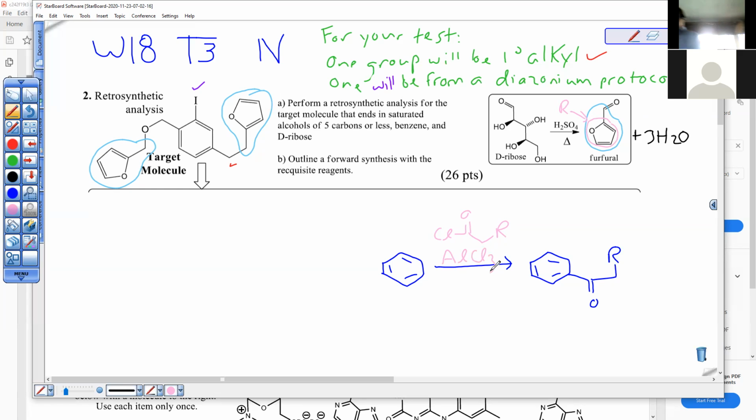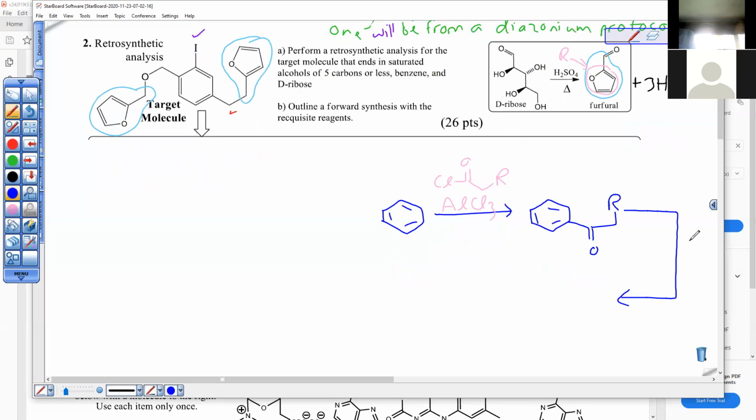So we still have to make the pink thing. Now I have to take advantage of the fact that this is a meta director and my target has a group meta to that position. And I need to put, how do you get an iodine on there? That was like 3 steps. I'll remind you, you have to put a nitro on first and then reduce it to an amino.